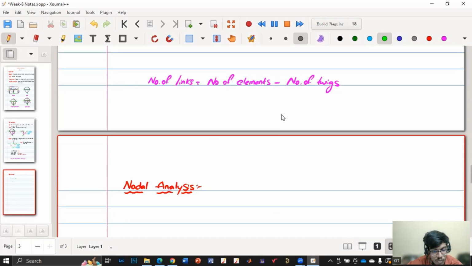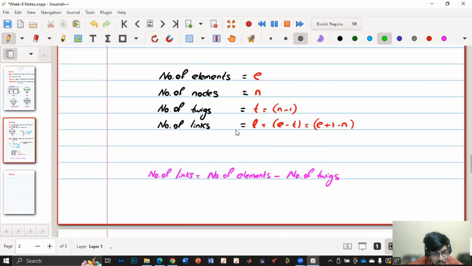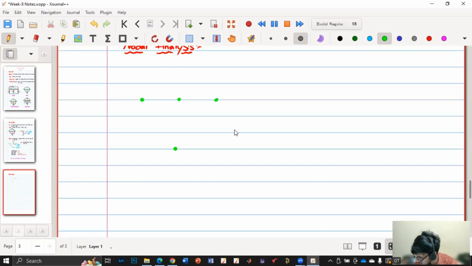Or if you want to consider another tree, I can also consider 1, 2, and 3. That can also be possible. Say 1, 2, 3, this is also a tree, right?